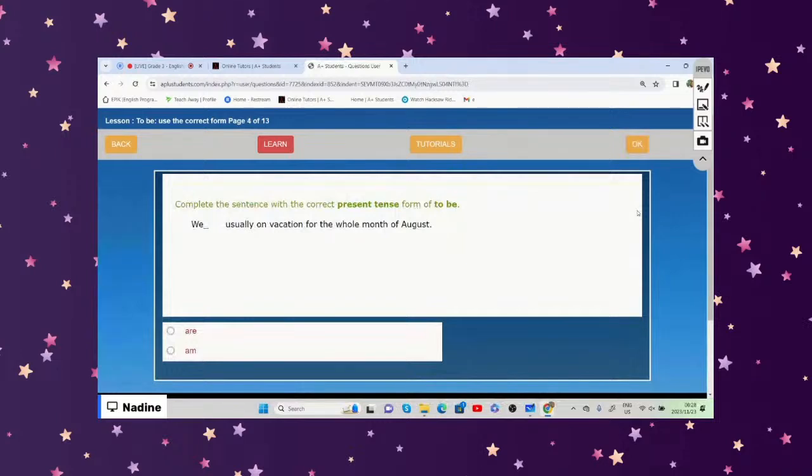So we need to complete the sentence with the correct present tense form of the word to be. "We are usually on vacation for the whole month of August," or "we am usually on vacation for the whole month of August." So either "we are" or "we am".